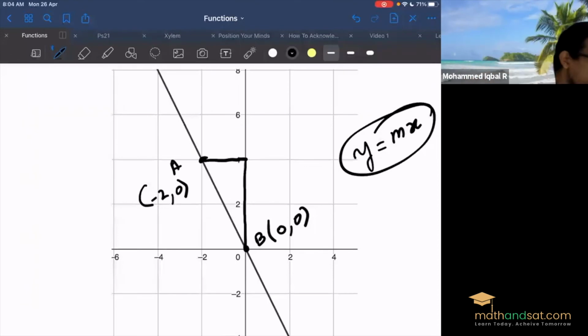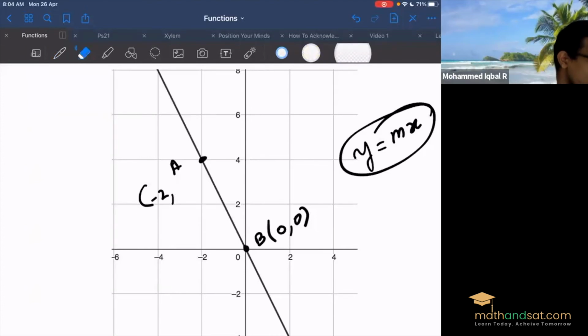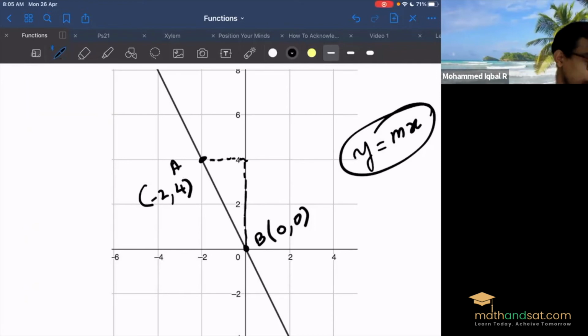No, it's not minus 2 comma 2, it is minus 2 comma 3. I'm sorry. This value is 4, right? It's minus 2 comma 4. I'm very sorry. It is minus 2 comma 4, okay?